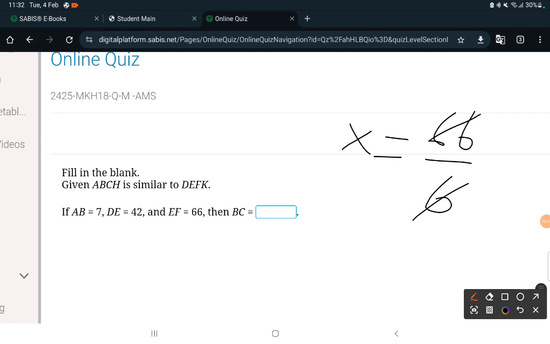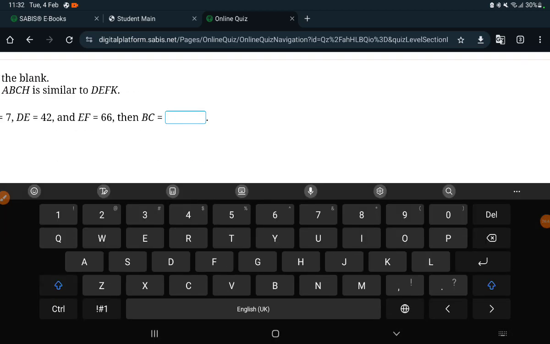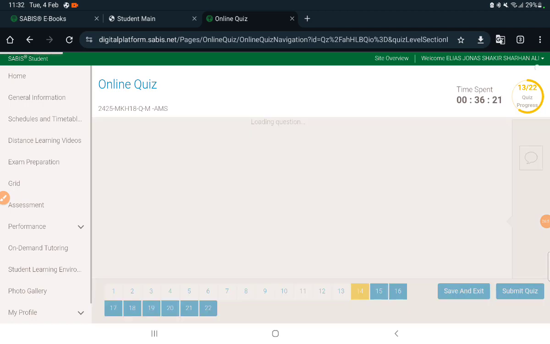Divide the top and bottom by 6. That'll be 11 over 1. So x is equal to 11, also known as BC. When they ask for the box, it's just easier for me to rename it to x. If that's confusing for you, just keep it as BC.